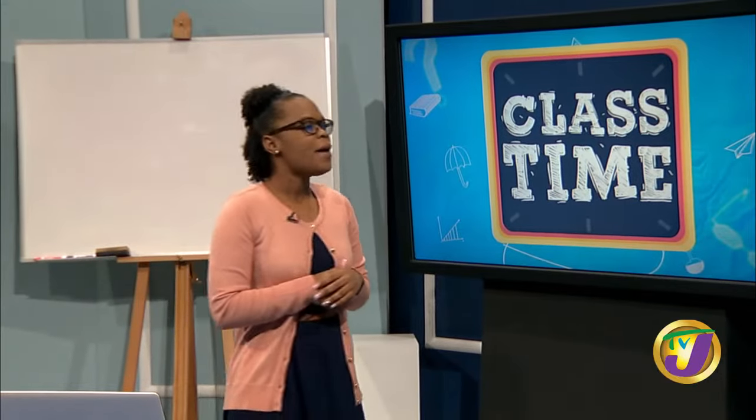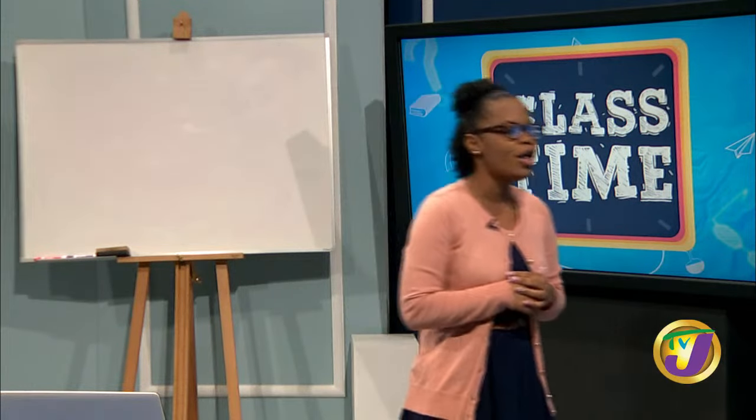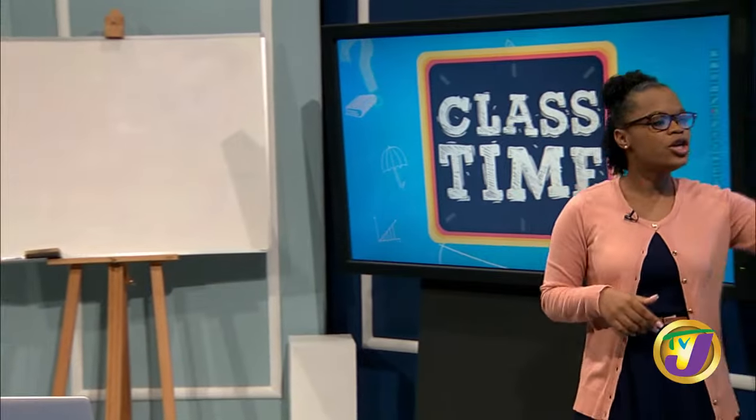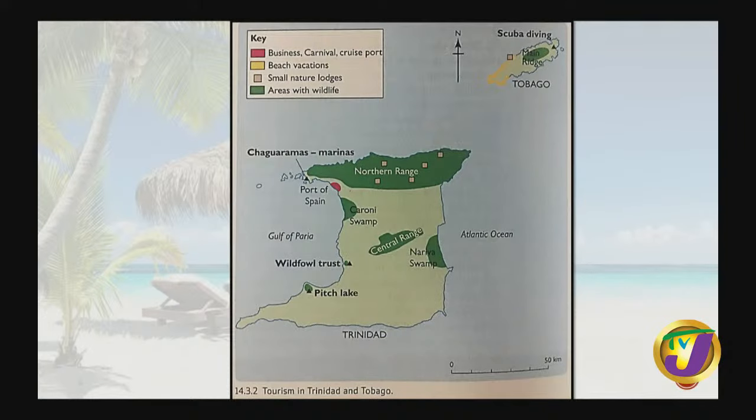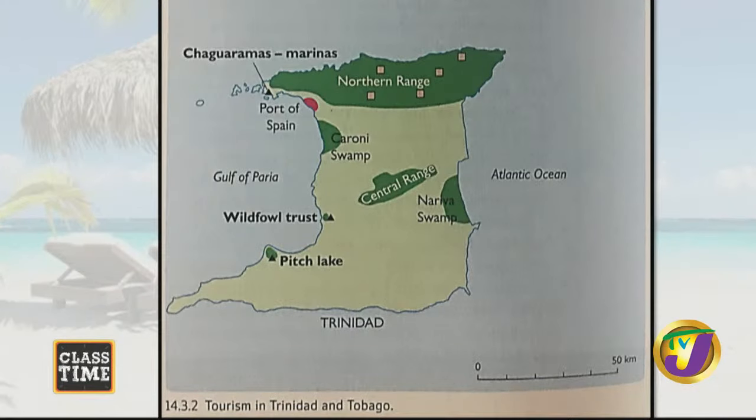I want you to look on my map. And my map is in colors. It highlights the northern range of Trinidad, and the northern range accounts for the highest point in Trinidad. All those areas that are highlighted dark green are highlands. So in these areas, there are natural reserves which provide a habitat for wildlife, unique flora and fauna that are found nowhere else.